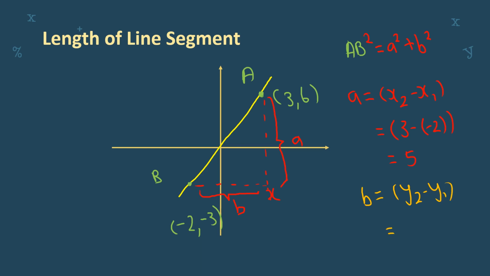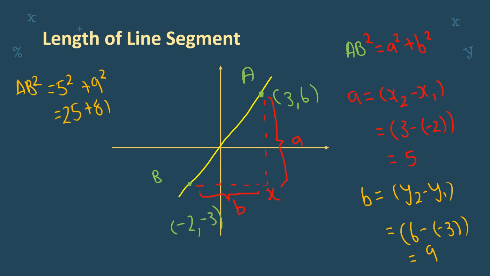So this equals 6 minus negative 3, and this equals 9. Therefore, AB squared equals 5 squared plus 9 squared, which equals 25 plus 81. So AB equals square root of 106. So that is the length of AB.